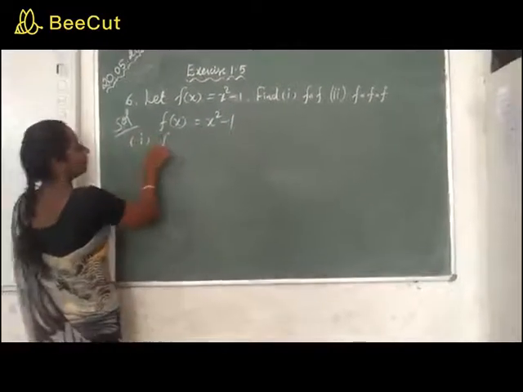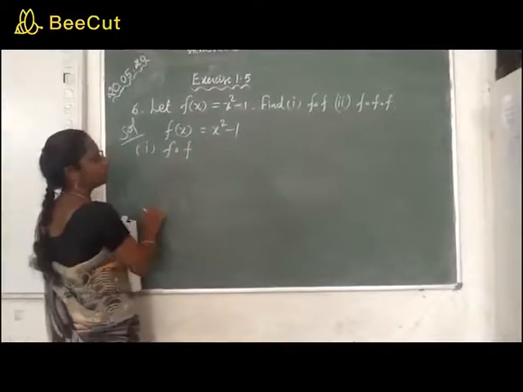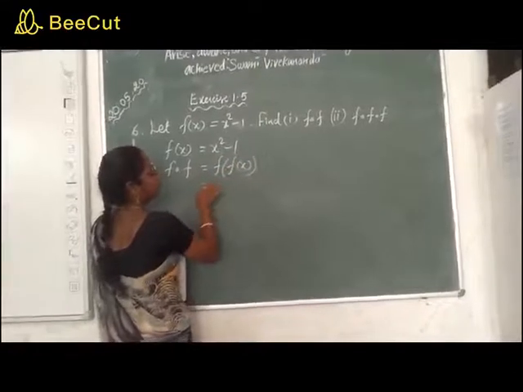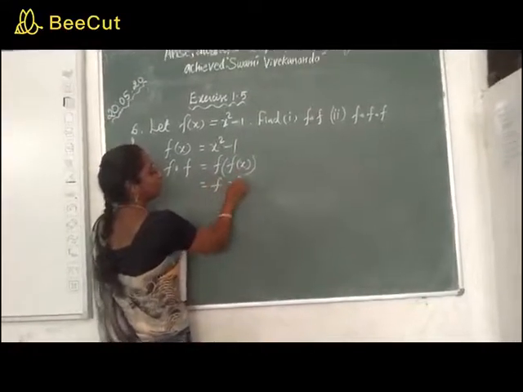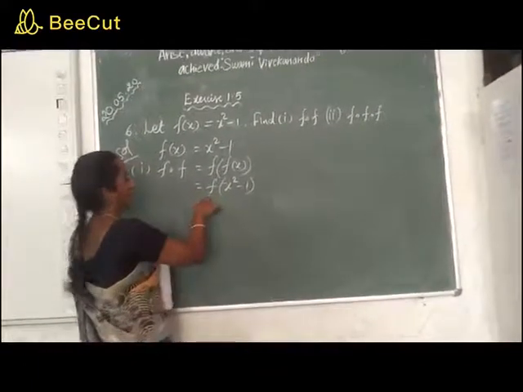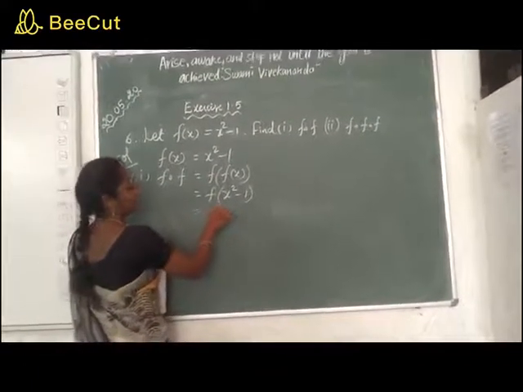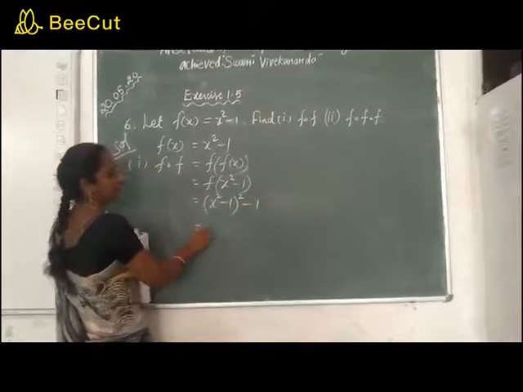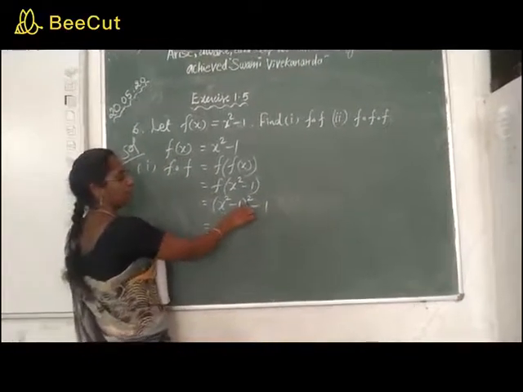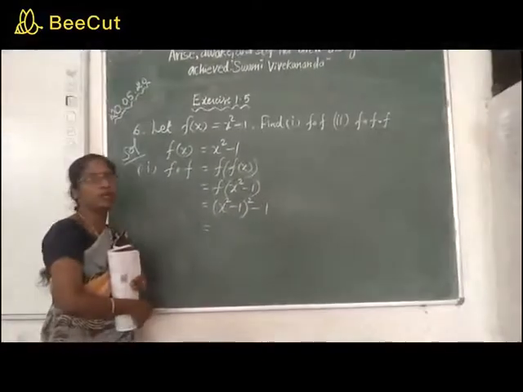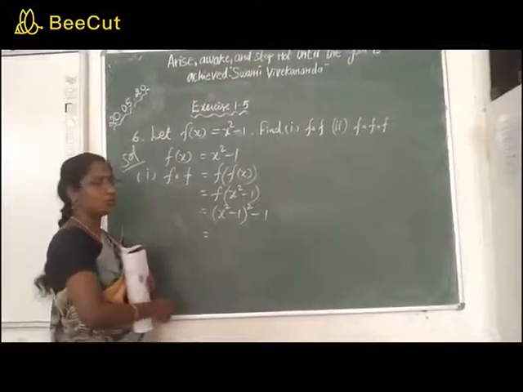Take for substitution f∘f, that is f(f(x)). Now substitute the value of f(x), x² − 1. Again we substitute in f. So the value is (x² − 1)² − 1. It looks like (a − b)², which is a² + b² − 2ab.